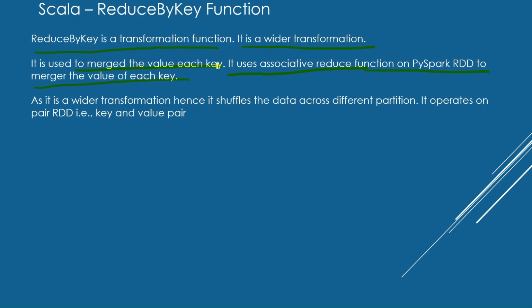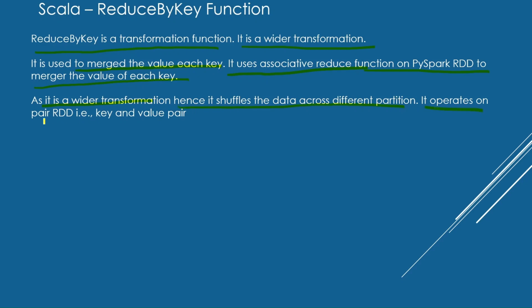If you are not able to understand what I'm talking about at this point of time, it's okay. Let me do the exercise. When I show you the output, we can understand how ReduceByKey merges the value of each key. As I mentioned, it is a wider transformation and hence it shuffles the data across different partitions.